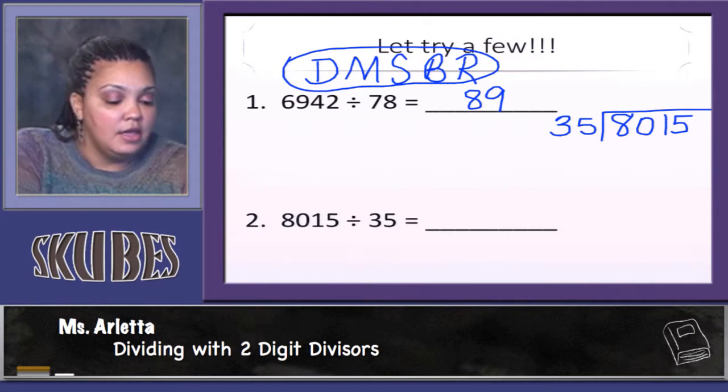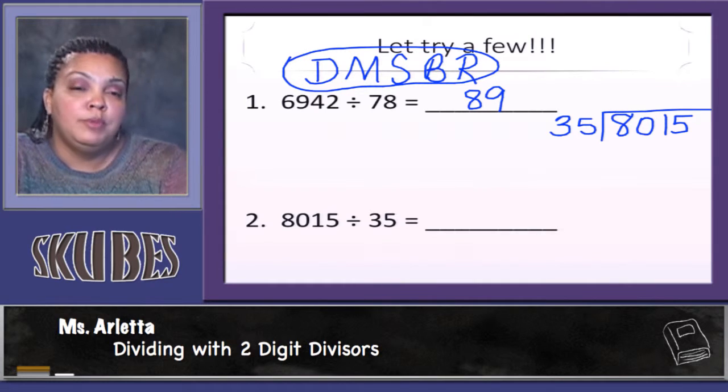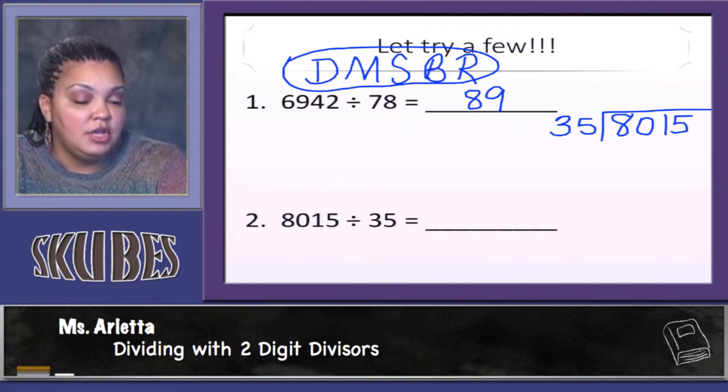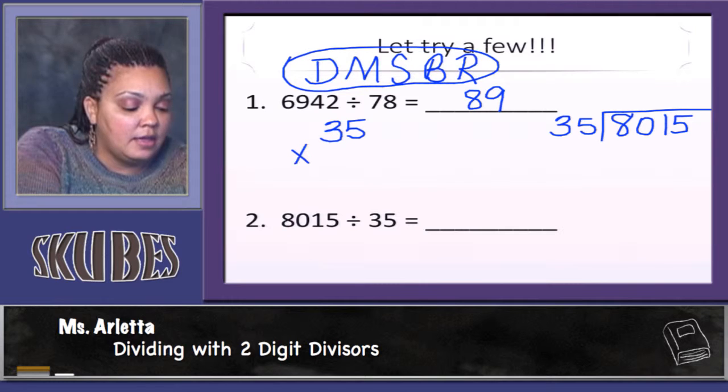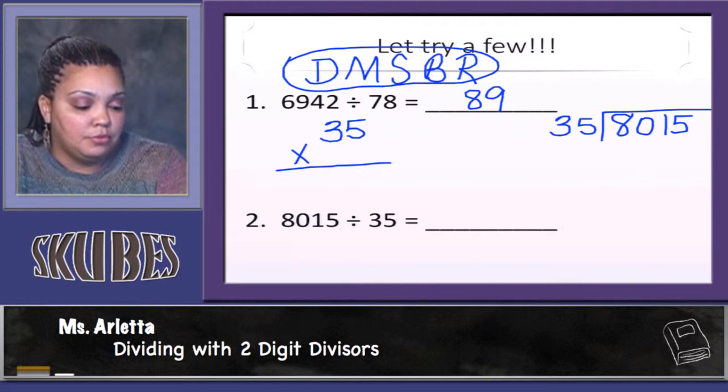Remember we said division is the opposite of multiplication. So let's take our divisor of 35, and we're going to guess and check by multiplying it times a number.